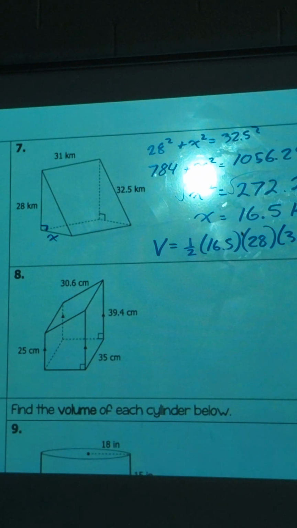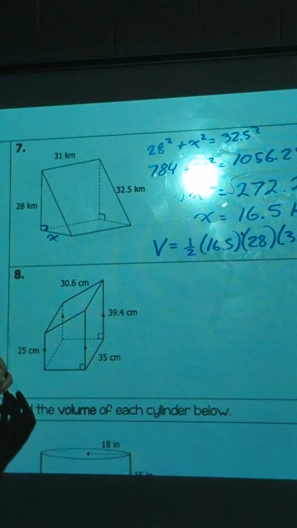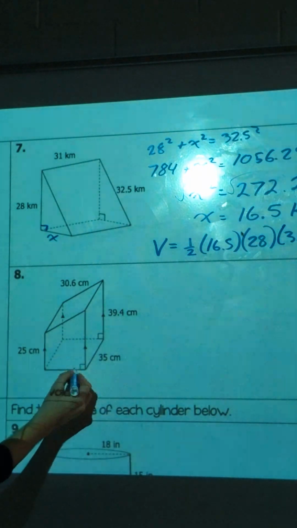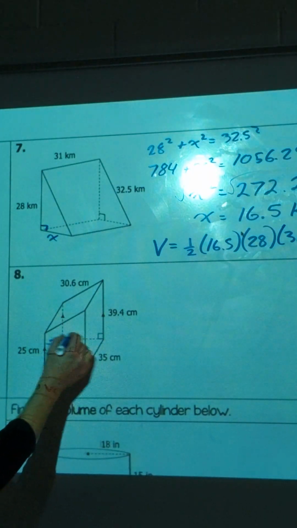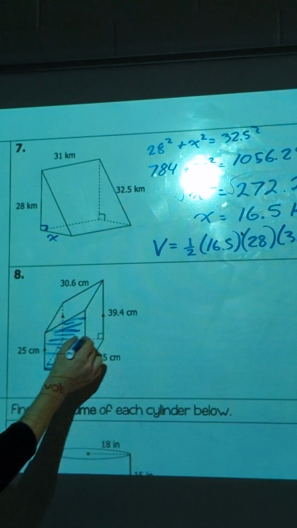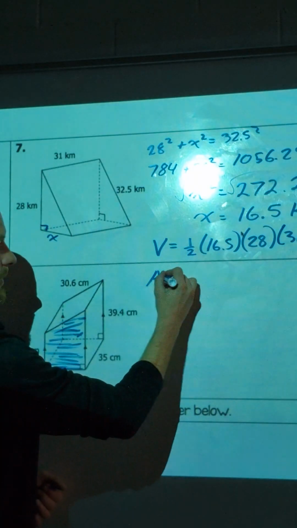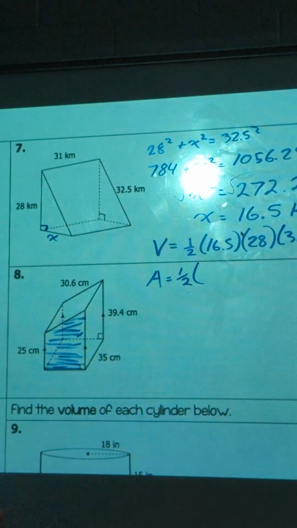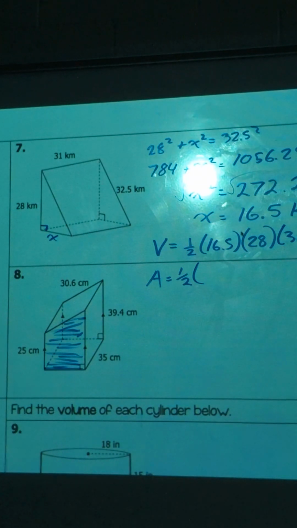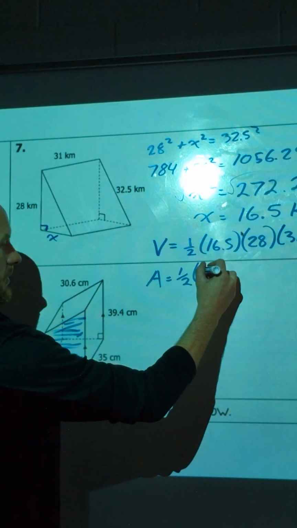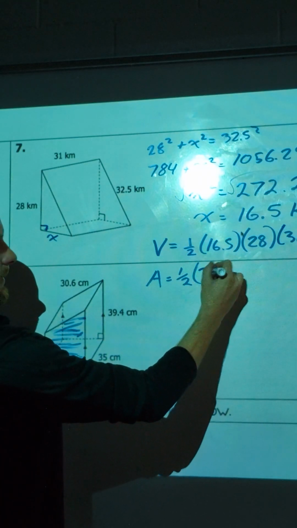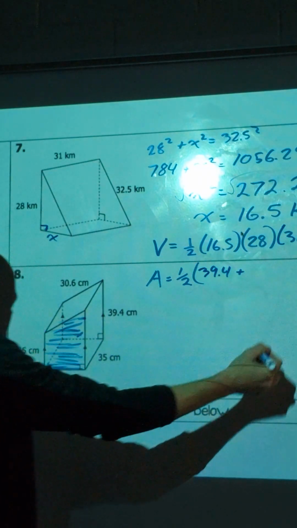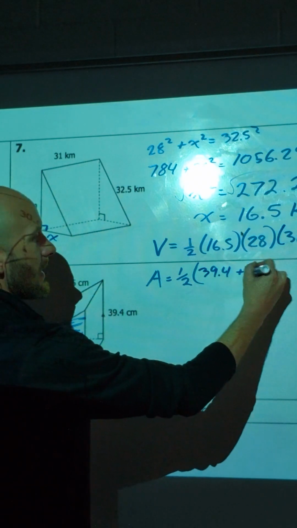All right. Let's go ahead and go through number 8. So what are the bases here? Yeah, the trapezoids. Okay. So the area of the trapezoid is 1/2. What would the base 1 and base 2 be? 39.4 and 25, good.